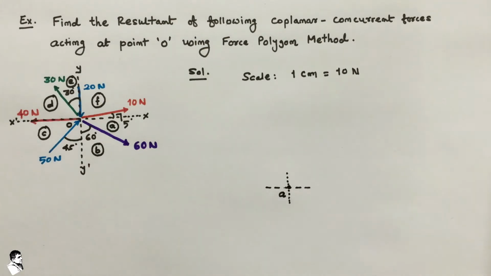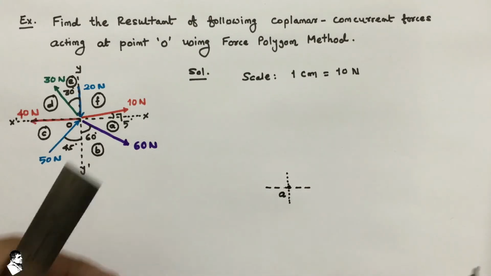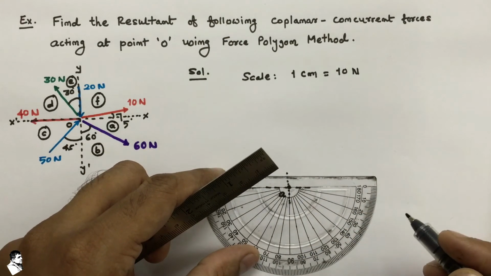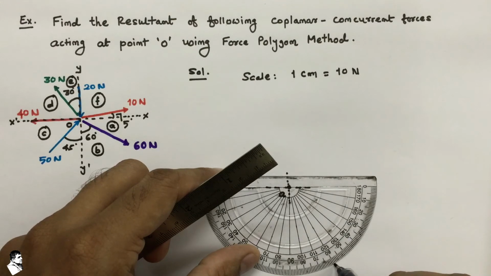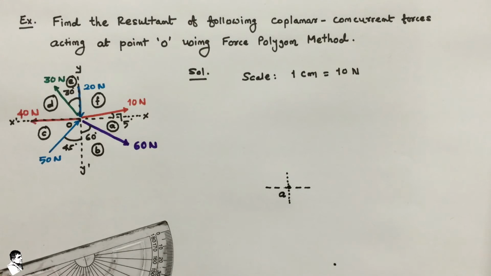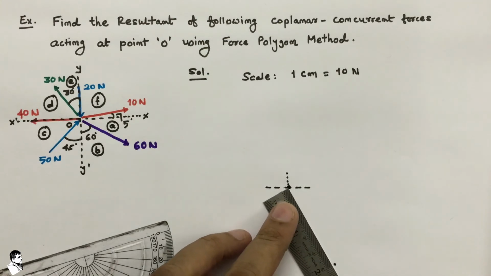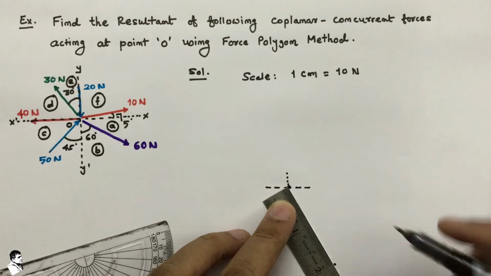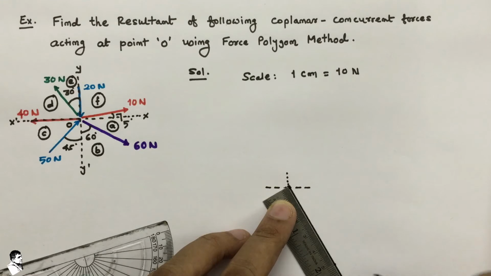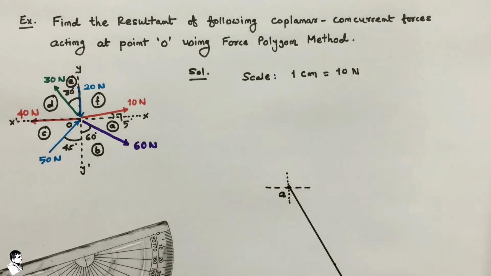Considering this as the horizontal, this is our 60 degrees. We plot the 60 Newton force using the given scale: 6 centimeters equals 60 Newton.